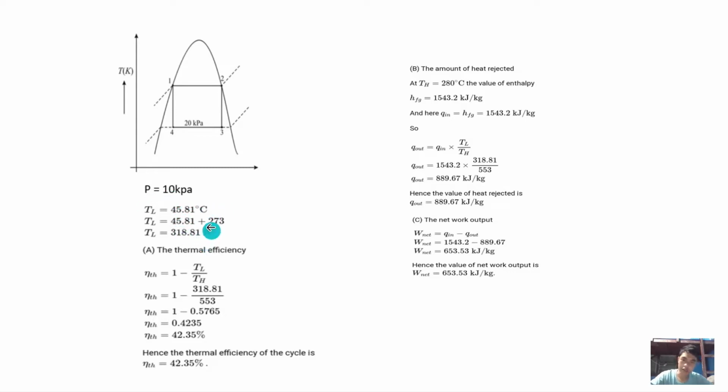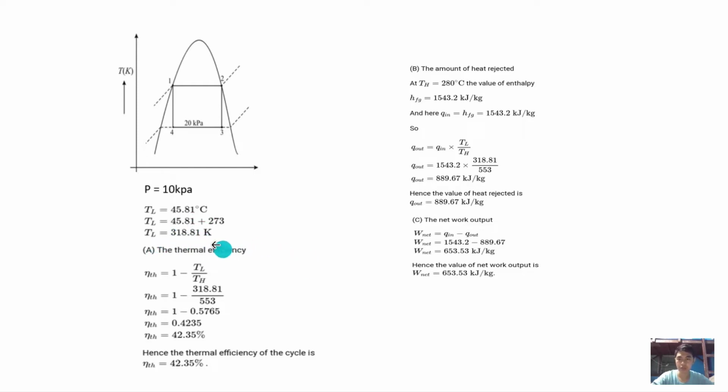To get the temperature, we look at the steam table, converting the pressure to megapascal. So it is 0.01 megapascal. It falls between 45 and 46 Celsius, so we interpolate to get the temperature of 45.81 Celsius.